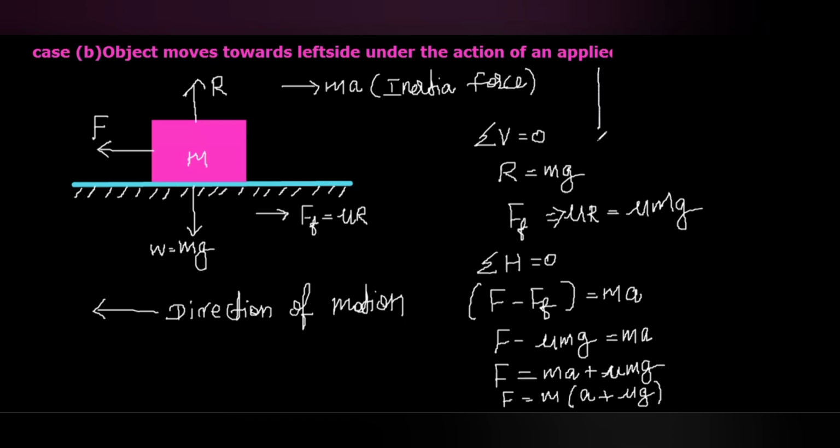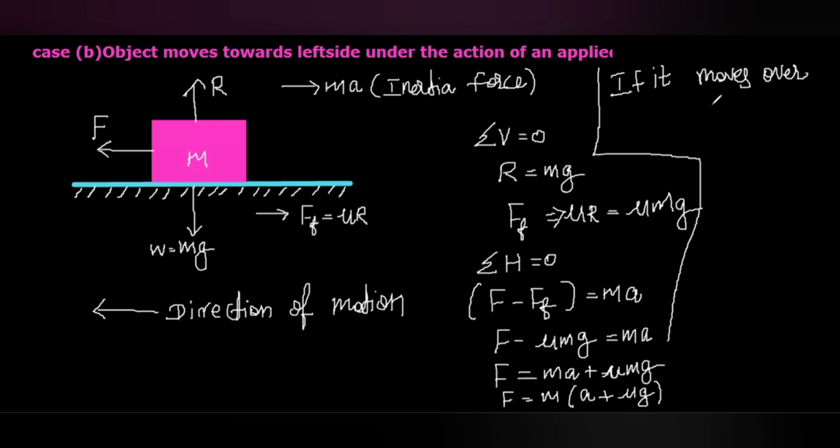And then here you can see, if here we considered this is the motion over the rough horizontal surface, in case the object moves over a smooth surface, then the value of mu equal to 0.